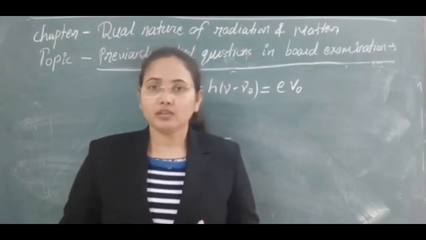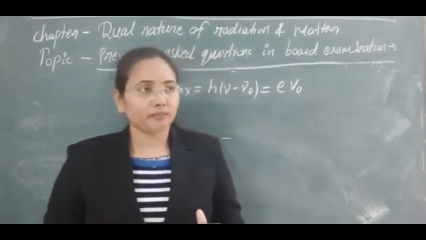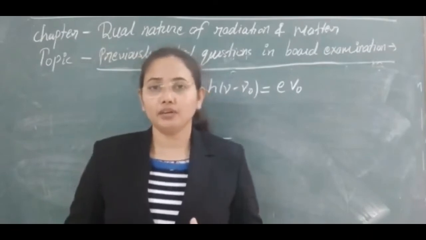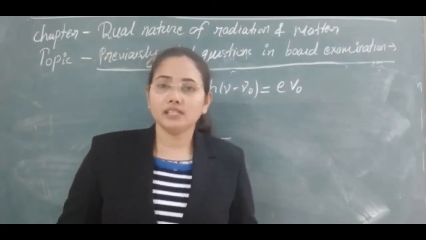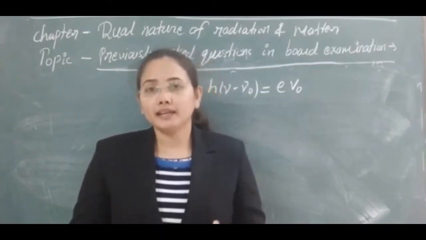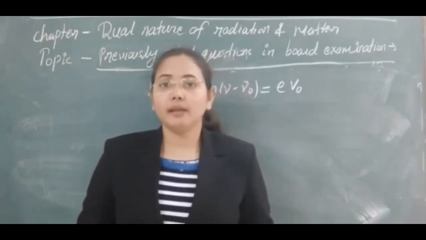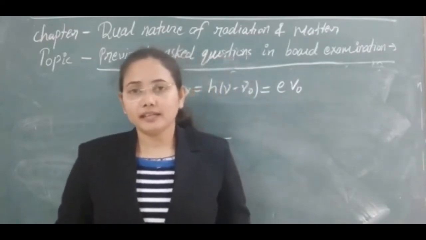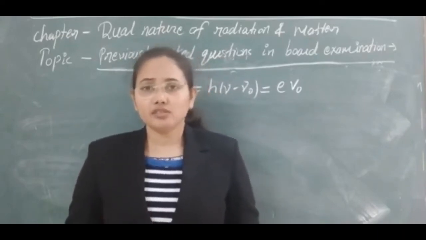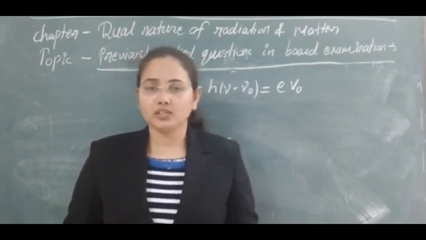Clear? The second feature of the photoelectric effect is that the maximum kinetic energy of the ejected photoelectron depends on the frequency of radiation. Meaning the greater the energy of radiation, the greater the kinetic energy. But in wave optics, the energy of the radiation is related to the intensity of the radiation. There we take it that the greater the intensity, the greater the amplitude, and the greater the energy of the radiation.